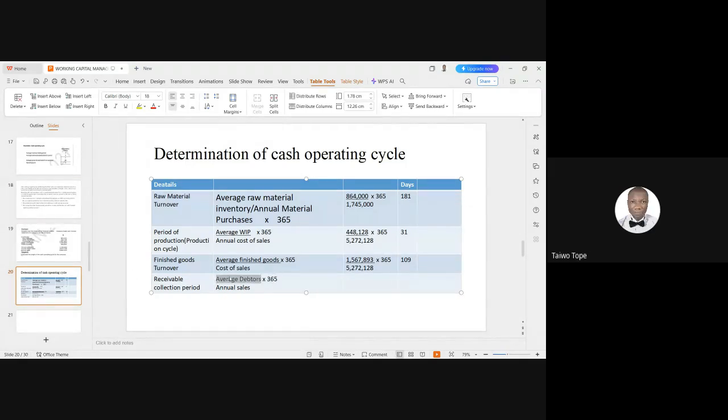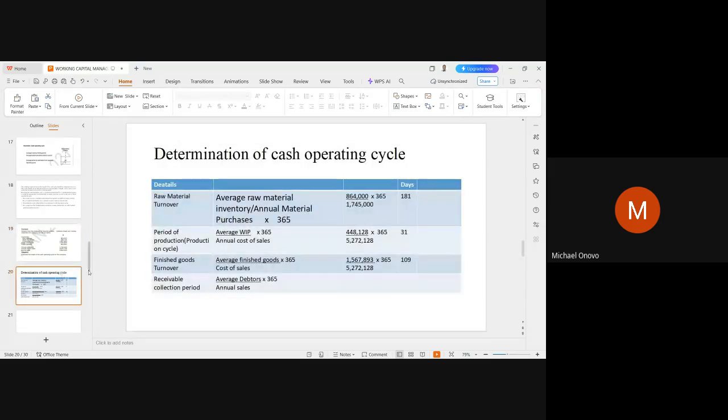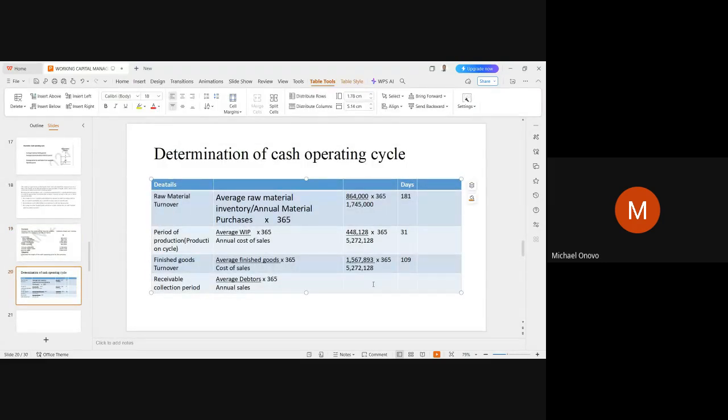So based on the question, our debtors, the trade receivable, will be what? Because they are the debtors. We have money to get from them. 1.25. So it is 1,425,600.